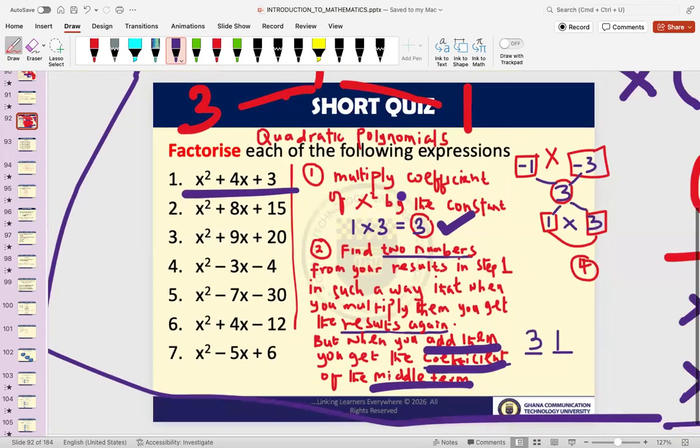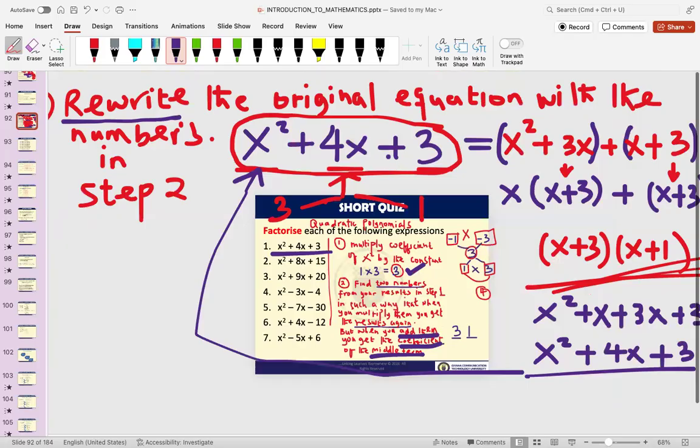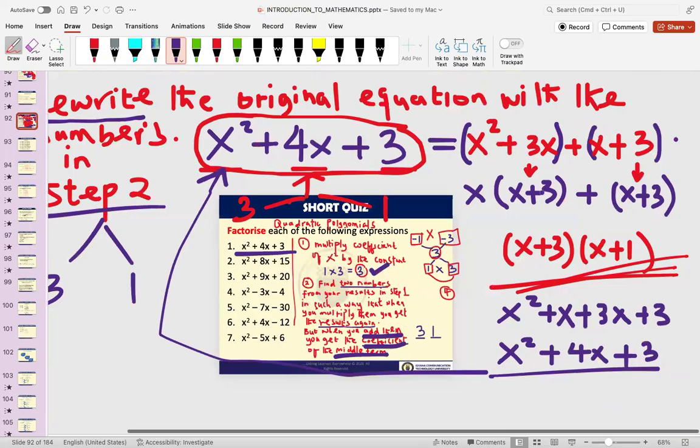And then finally, go and rewrite the original equation with the results in step 2. What results did you get in step 2? You had 3, and then you had 1. And that was what we did here. And then we were able to separate them.